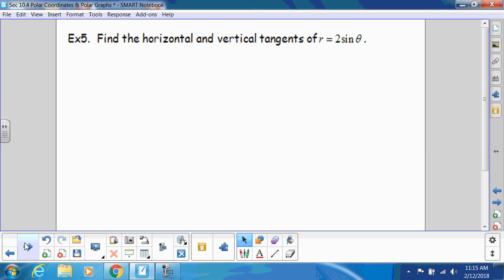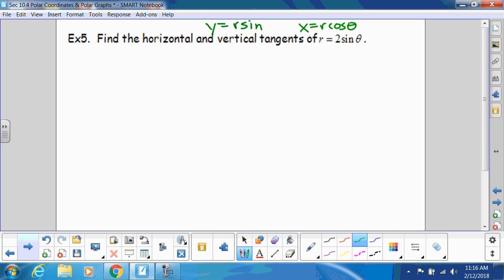All right, so let's do an example. Find the horizontal and vertical tangents of this polar equation. All right, so keep in mind, x is equal to r cosine of theta. y is equal to r sine of theta. Remember, we're doing our derivatives in parametric form.